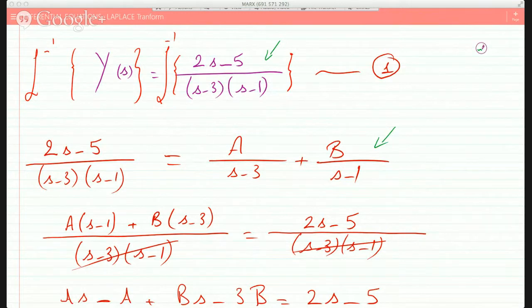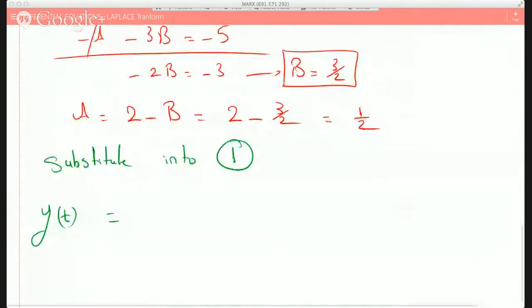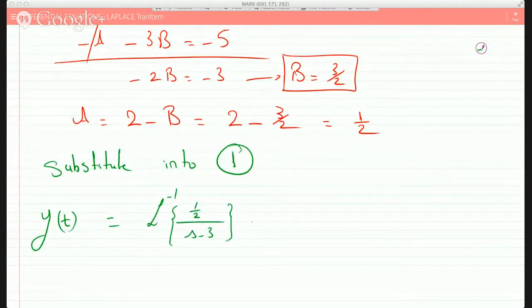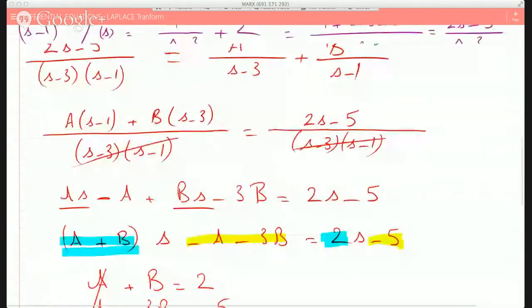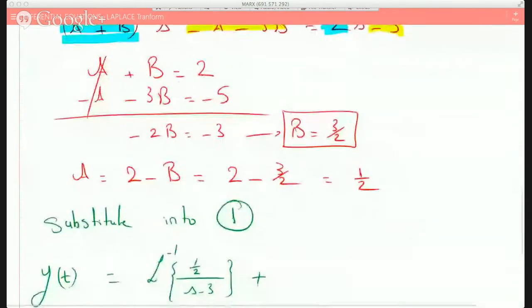of each one. So this is inverse Laplace of a, which is half over s minus 3, plus b, the inverse Laplace of b over s minus 1.